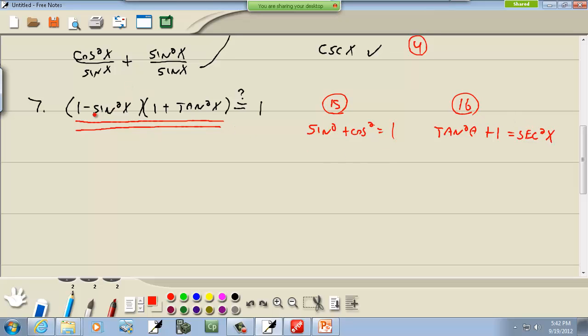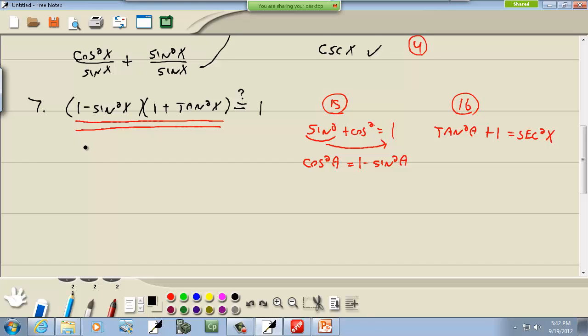Okay, now we want the first one here to look like 1 minus sine squared. Well, I can take the sine squared over to the right side. So we would get cosine squared is equal to 1 minus sine squared. Now over here, we want 1 plus tangent squared, which is what we already have here. So we're ready to plug things in.